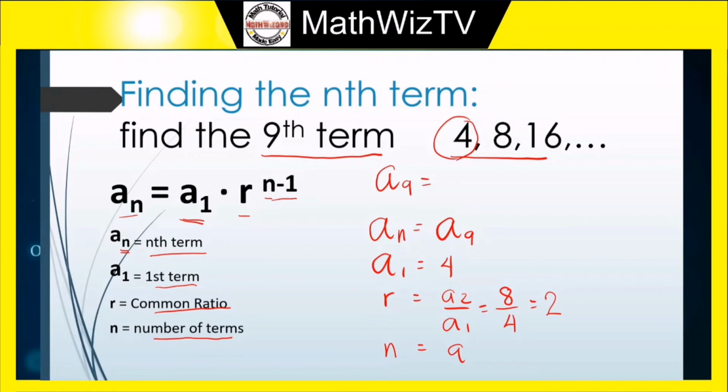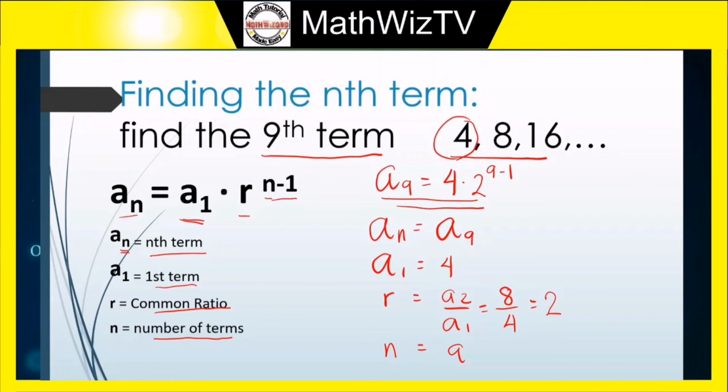So, in here, a sub 1 is equals to 4 multiplied by our r. What is our r? Our r is equals to 2 raised to what? Raised to 9 minus 1. That will be our formula.